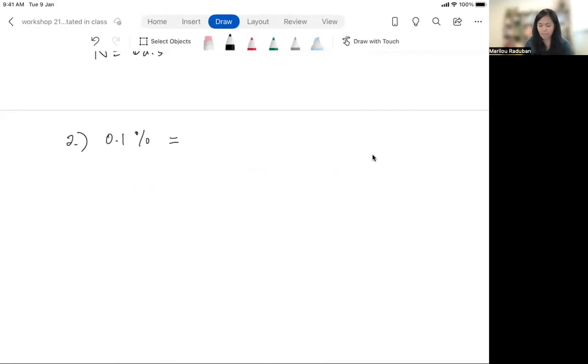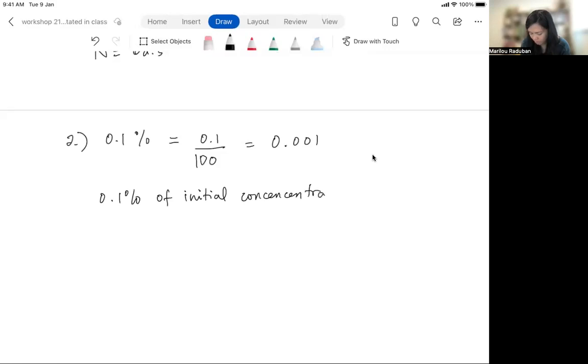So 0.1% is equal to 0.1 divided by 100, which is 0.001. We can translate this statement, 0.1% of the initial concentration, into a mathematical equation.